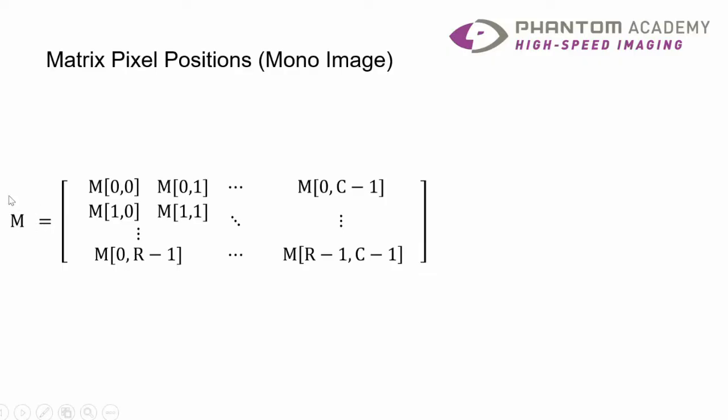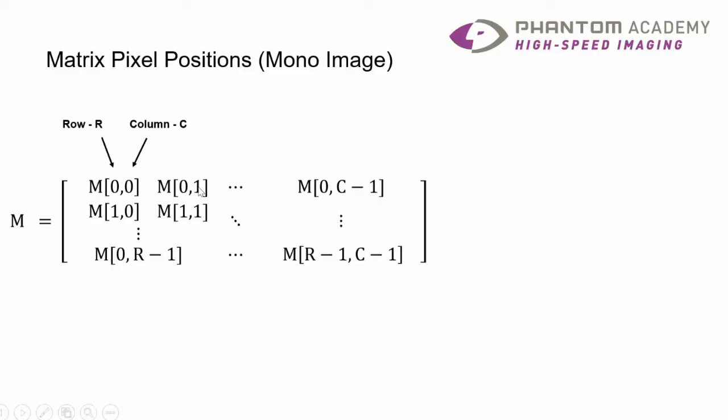For example, in the upper left-hand corner of this matrix we have M00, which represents the row and the column. If we go across, we have M01, which is row 0 and column 1, and so on and so forth. It can get a little tricky if you write a lot of code in MATLAB.